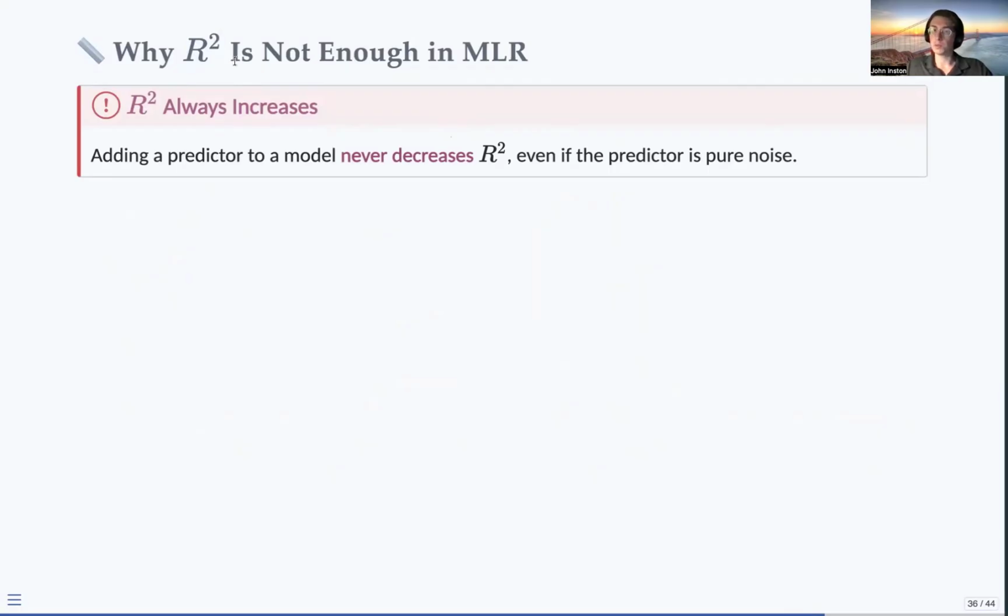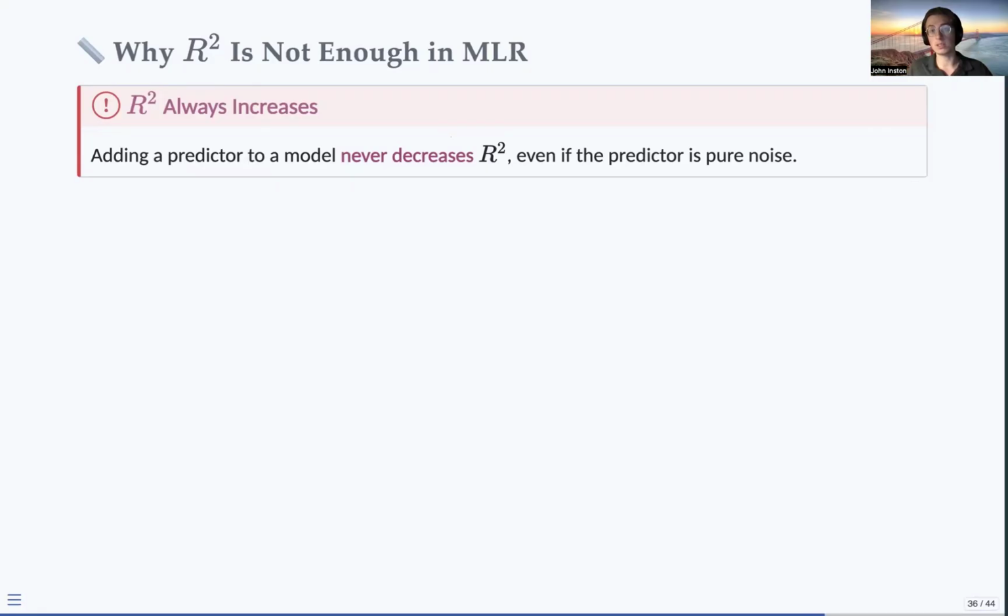The problem is that R squared is not enough in multiple linear regression, because R squared always increases if we add extra parameters, extra predictors, which then have a corresponding parameter. So essentially, the more predictors we add, the better the model will be at describing the variance of the data, because it's got more to work with. Essentially, you're giving it more and more flexibility to describe the data more and more.